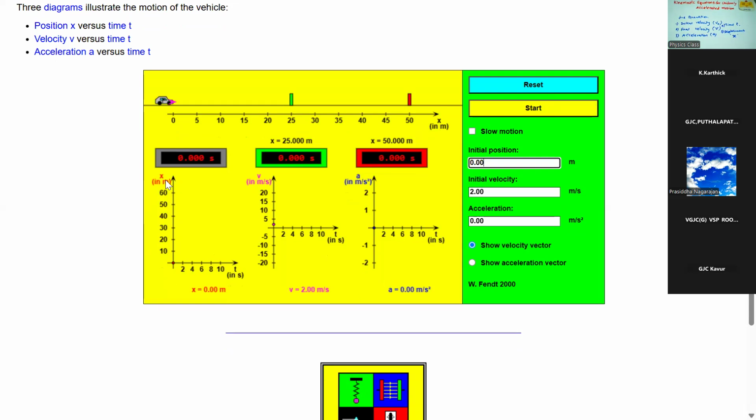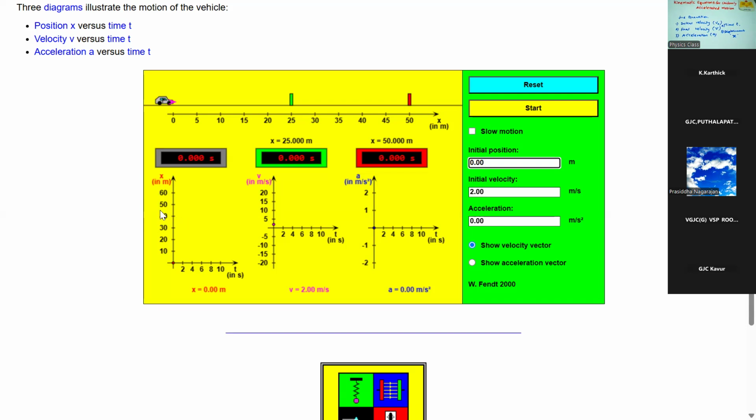First graph, X and T, is the position time graph. X means displacement, the object's position, along the Y axis, and time is on the X axis. We always put time on the X axis because time is an independent quantity. Time does not wait for someone or something.